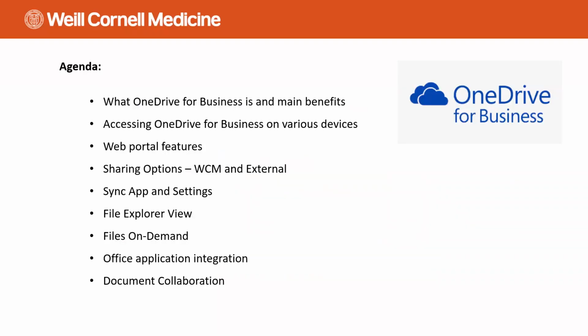So again, just a brief agenda for this session. It should take about half an hour to 35 minutes. We'll cover the basics of what OneDrive for Business is and some of the main benefits. Again, how to access it on various platforms and devices. We'll go over some of the web portal features, sharing options for both internal sharing as well as the available external guest sharing, the built-in sync app or sync agent as it's sometimes called, and the various settings within that.